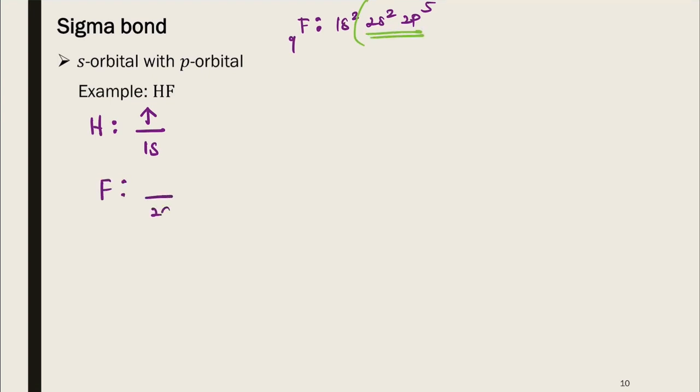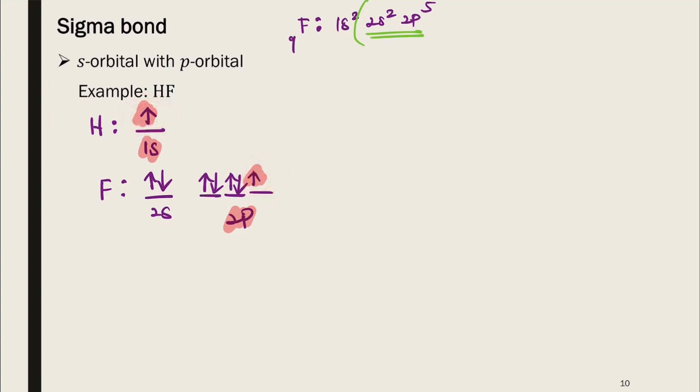So bila kita draw the orbital diagram, kita kena draw orbital diagram bagi valence electron configuration. So when we look at the orbital diagram of H and also F, okay, there is one unpaired electron at 1s and also 2p. Therefore, 1s and 2p will overlap.